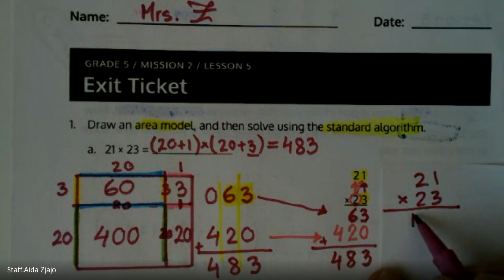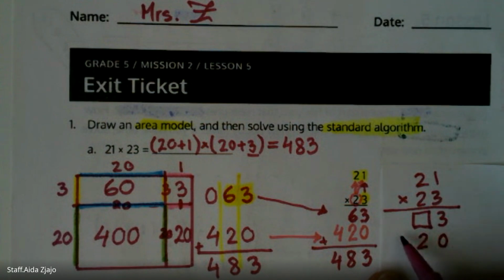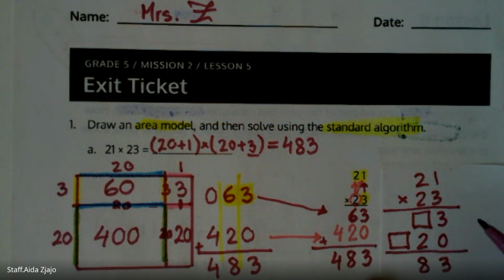So let's see, they have here an empty box and they have 3, and then here 0 and then 2, and they have another box right here, and then they also have 3 and here 8. Like, let's see, you have all that.